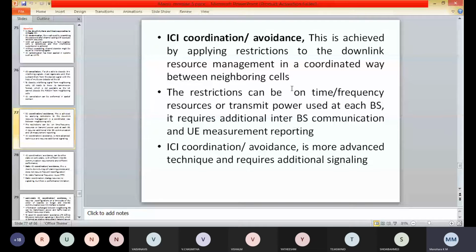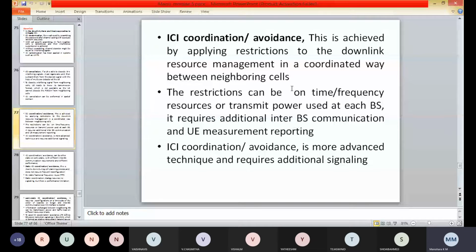The static ICI coordination is mainly done in the cell planning process and does not require frequent configuration. The static coordination requires little inter E node B signaling, but there is a performance limitation as dynamic characteristics such as the cell loading or the user distributions are not taken into consideration.